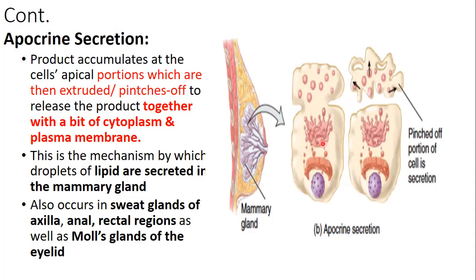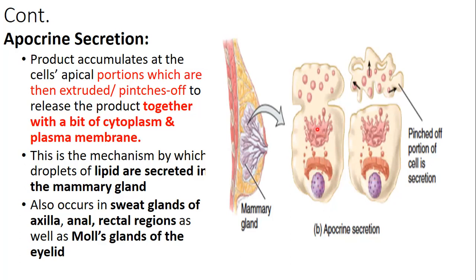first of all, the cell synthesizes and stores the product in the cytoplasm like the previous cells. But here, the product that is made fills up the whole cell, thereby pushing the nucleus to the bottom of the cell. You see the nucleus was here, but has been pushed to the bottom.